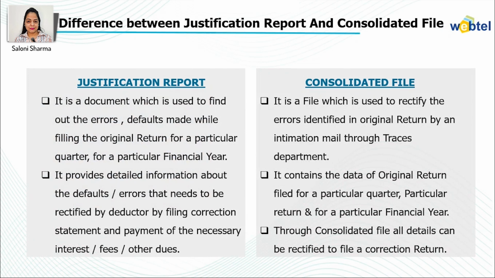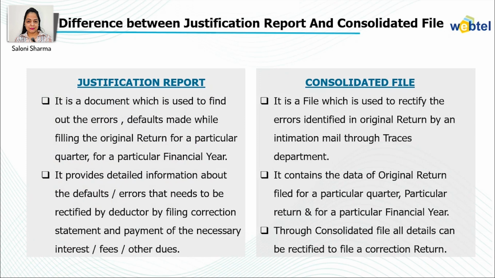So now let's look at the difference between the justification report and a consolidated file. The justification report is a document used to find out the errors and defaults that have been made while filing the original return for a particular quarter and a particular financial year.